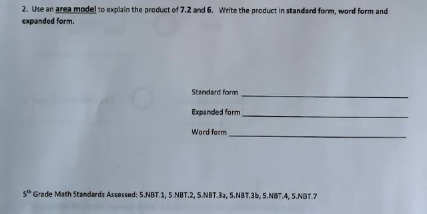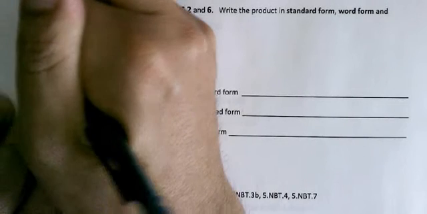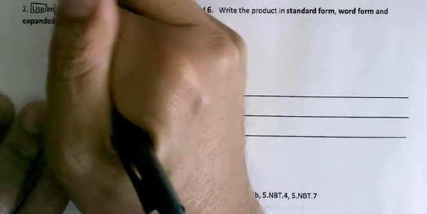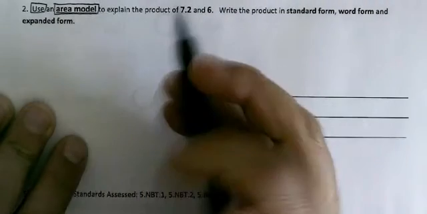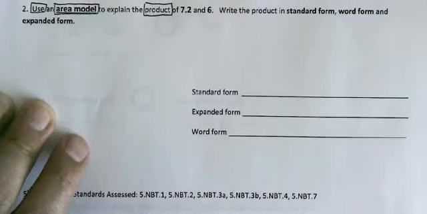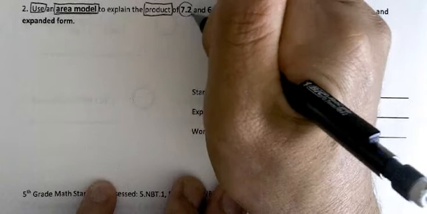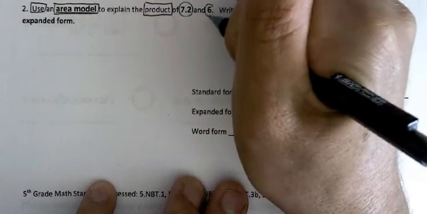All right, so let's look at what we have to do. Number 2 says they want us to use a math action word, an area model, that's a math related word, to explain the product. I think we know what product is. That's the answer to a multiplication problem. So we're going to explain the product of 7 and 2/10 and 6.